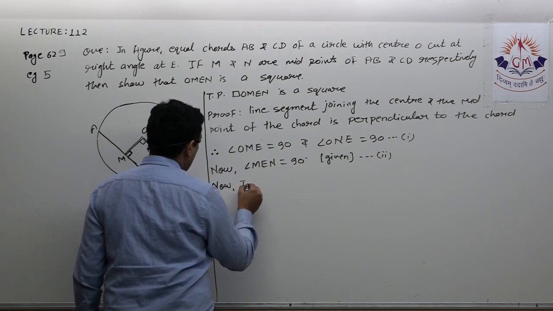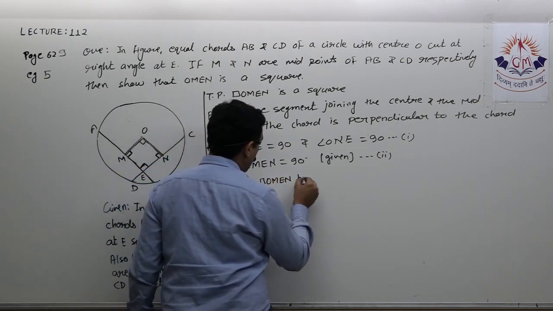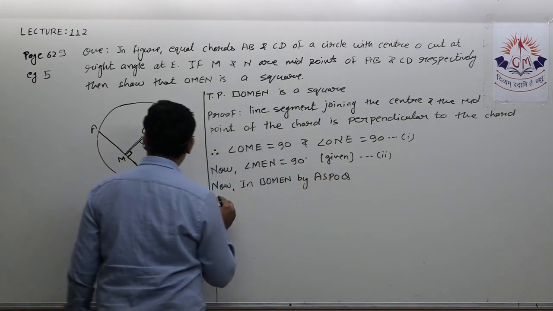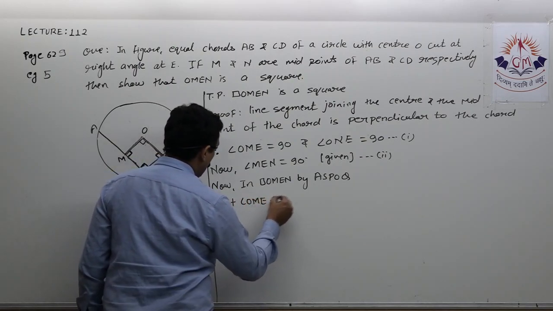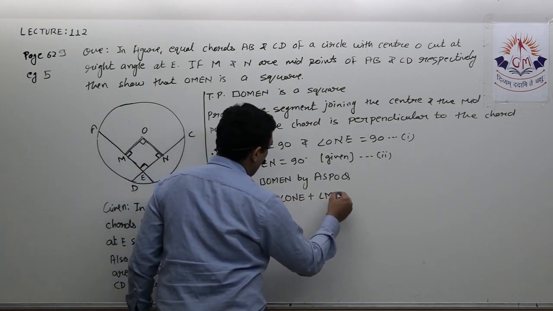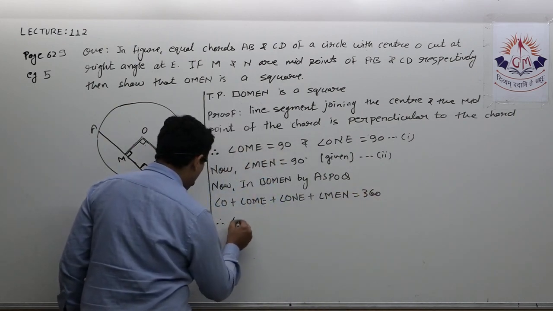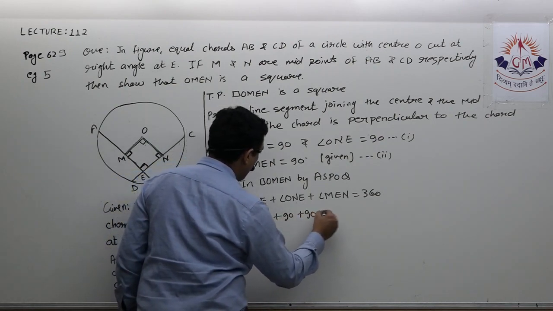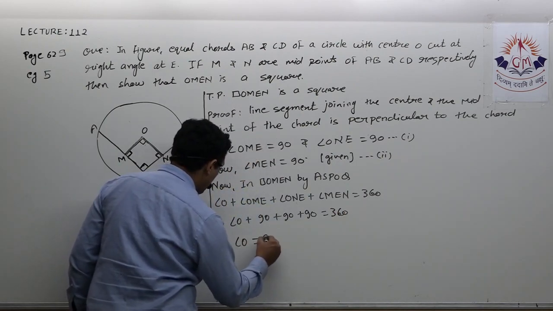Now in quadrilateral OMEN, by angle sum property of quadrilateral, I can write angle O plus angle OME plus angle ONE plus angle MEN is equal to 360. Therefore angle O plus 90 plus 90 plus 90 is equal to 360, and therefore angle O is equal to 90 degree.